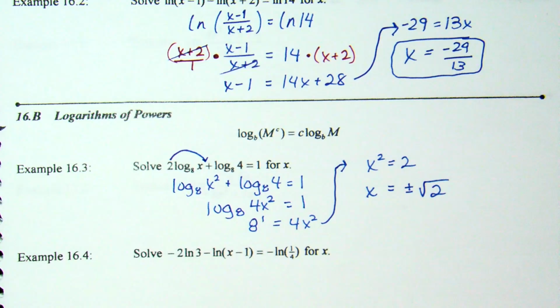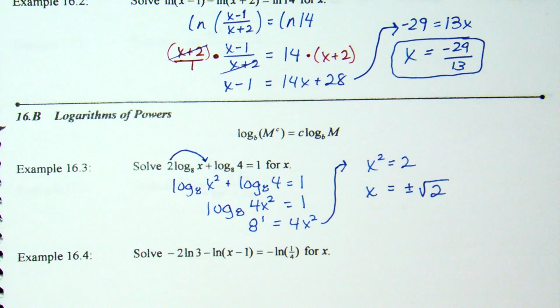Done? Why might I suggest that we need to check our answer here? Because one of them could not work.